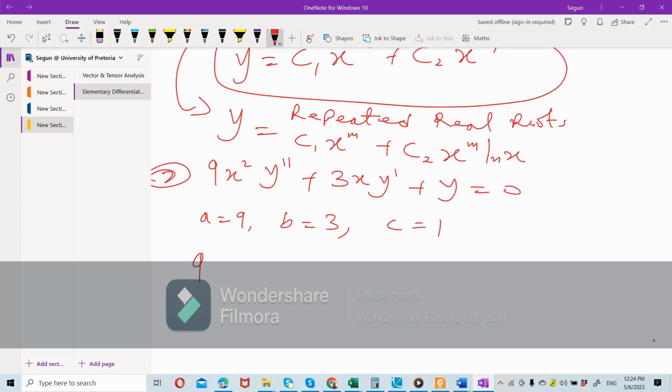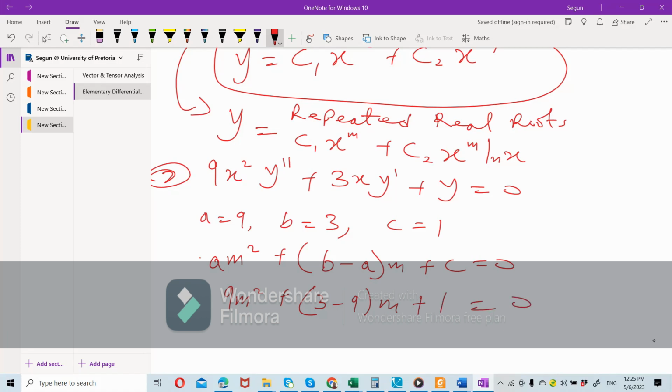We have 9m squared. You can write the formula out first before you solve it, so that people will not be asking you, where do you get it? m squared plus (B minus A) m plus C equals to 0. We have 9m squared plus (3 minus 9) m plus 1 equals to 0.